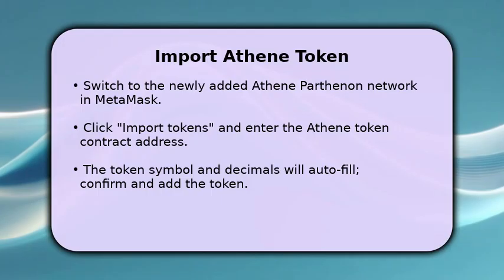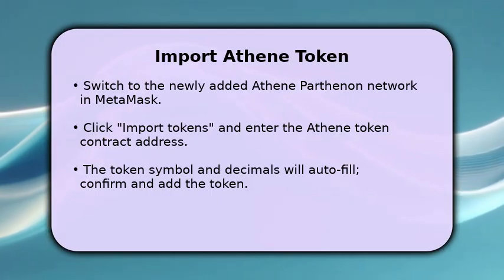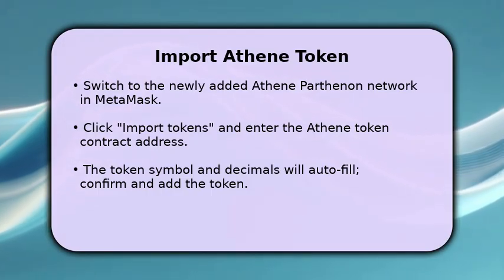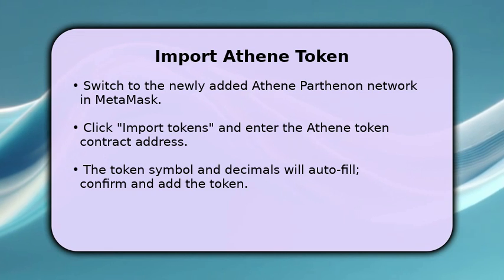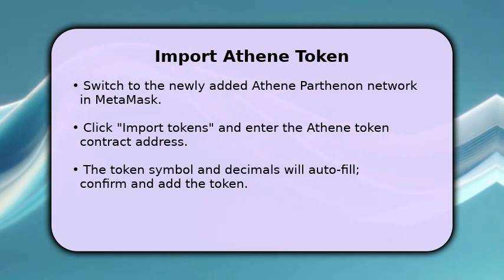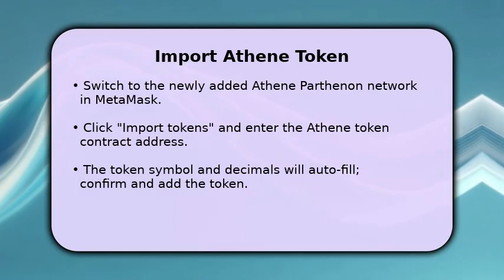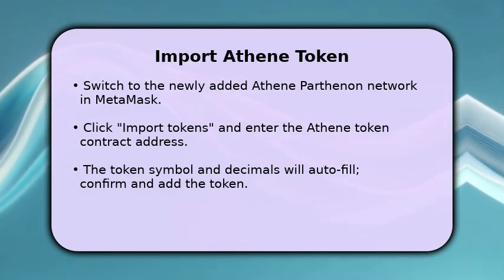With the Athena network successfully added, the final step is to import the Athena token itself. Ensure you are switched to the Athena network in MetaMask. Scroll down and click on Import Tokens.